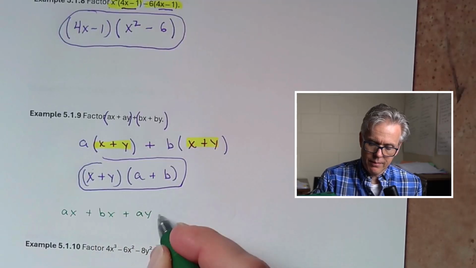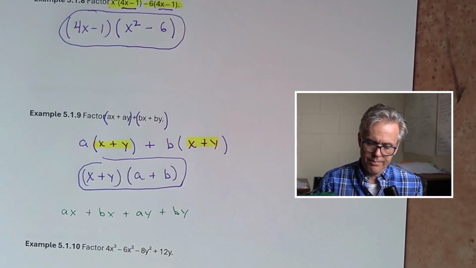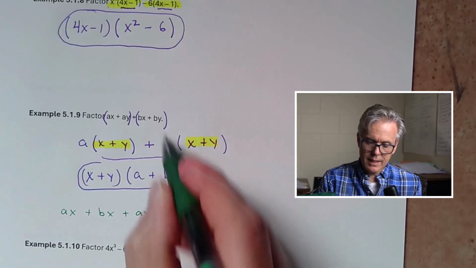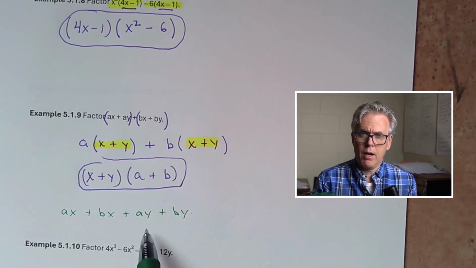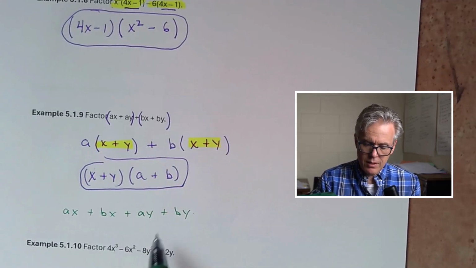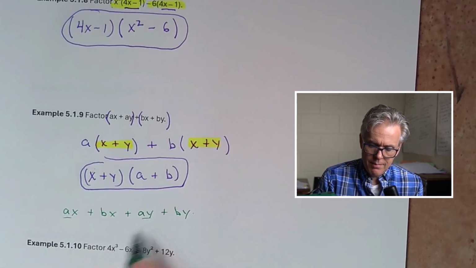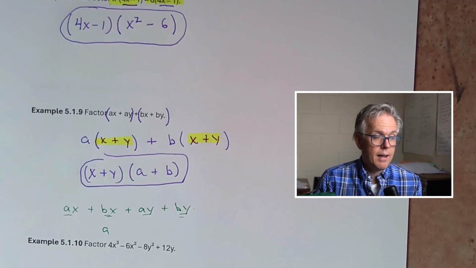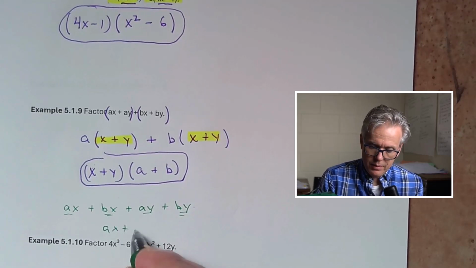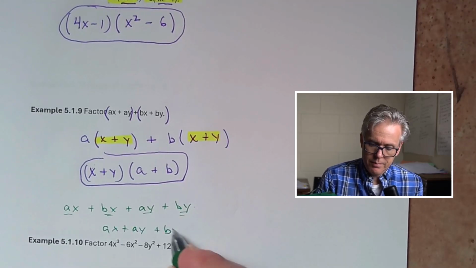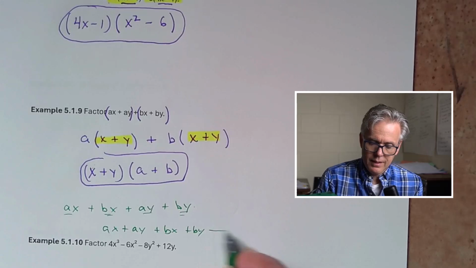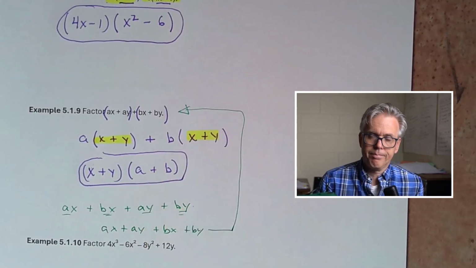And then y times b, we'll get by. Notice it's exactly the same thing here. The order, remember, addition is commutative. I can write these in any order. And so if I write my terms with the a in it side by side, and the terms with the b in it side by side, I have ax plus ay plus bx plus by. I get exactly the same thing.